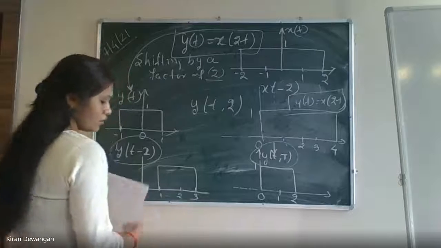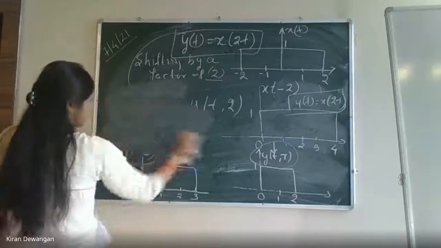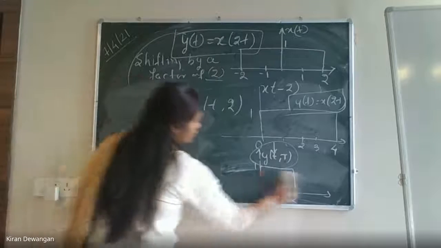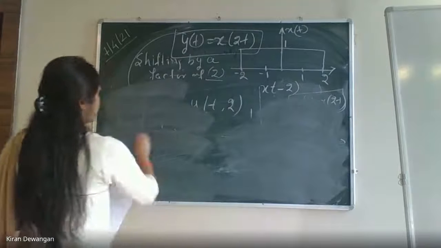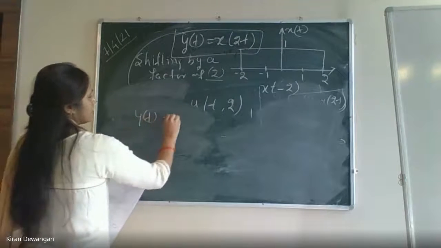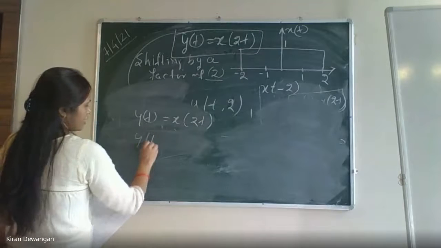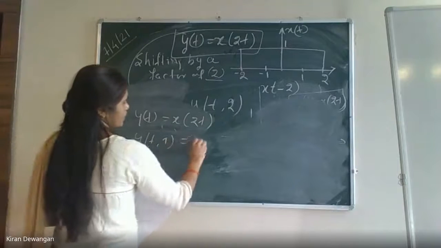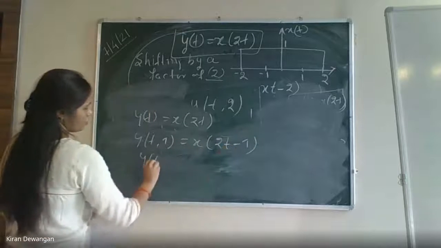ठीक है? Now let us just check it theoretically also. हम इसको theoretically भी check कर सकते हैं. Just like what Shruti was saying कि हम उसको theoretically भी check कर सकते हैं. ठीक है? We are given y(t) with x of 2t. ये हम already कर चुके हैं. Now we will be having y(t) with the shifted input. It will be x of 2t minus t, and this will be y of t minus t.